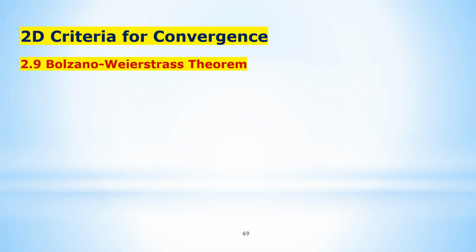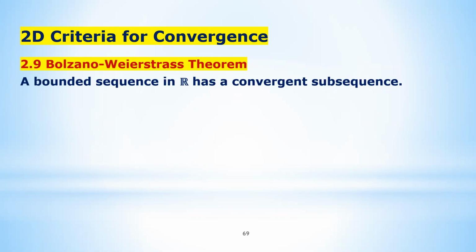One of the things is theorem 2.9, called the Bolzano-Weierstrass theorem. This is a very deep theorem, and it is very important for later lectures. I want you to take a look at this theorem first, before next time when we are going to prove it. The statement of this theorem is very simple.